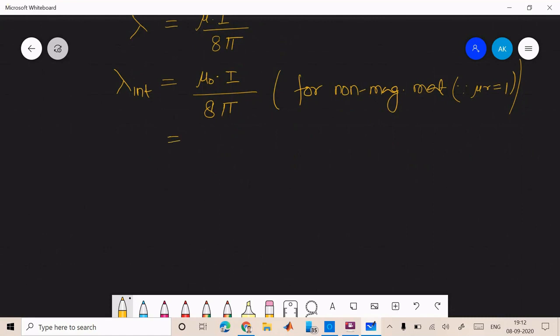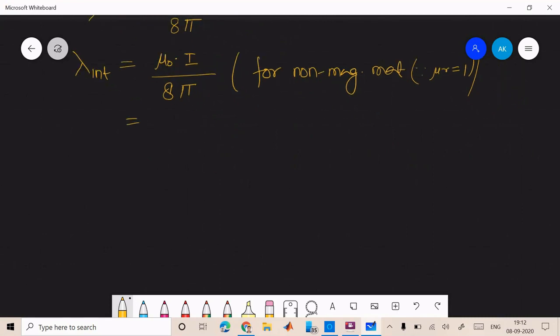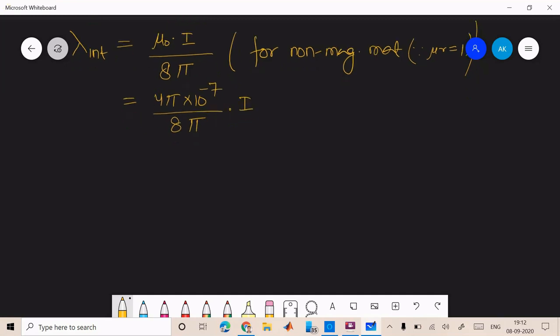If you put the value of mu naught, 4 pi into 10 raised to power minus 7, over 8 pi times I, you will get 1 by 2 into 10 raised to power minus 7 I as your lambda internal.